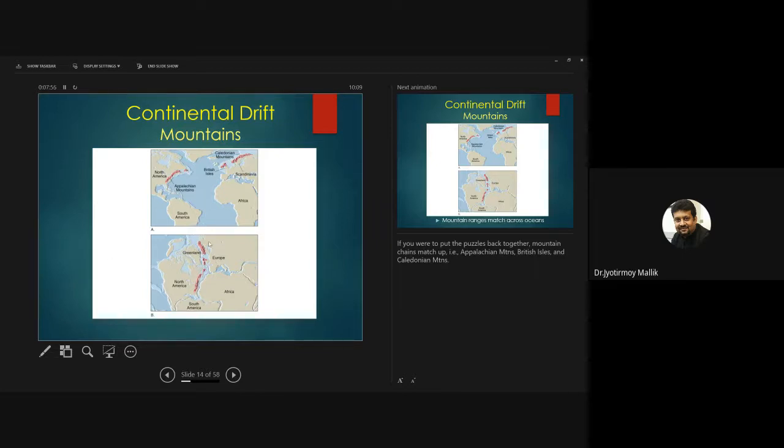So if you reconstruct the paleogeography of these continents and make the supercontinent, you see the Appalachian and the Caledonian Mountains quite fit like a single mountain chain.